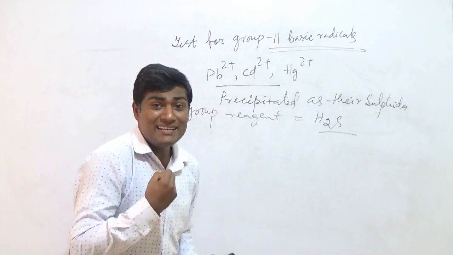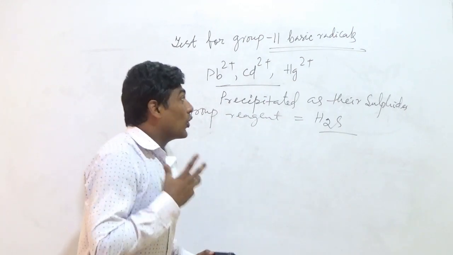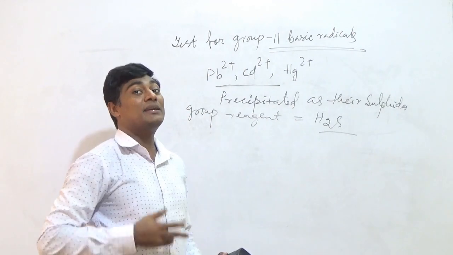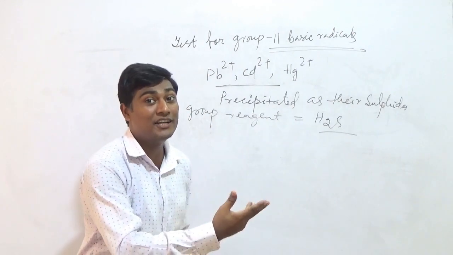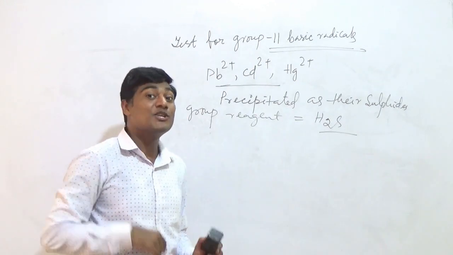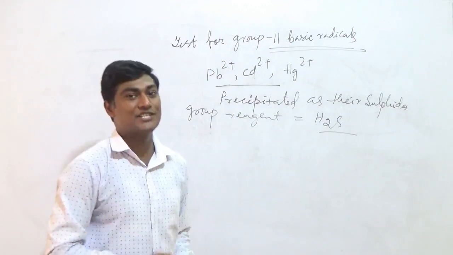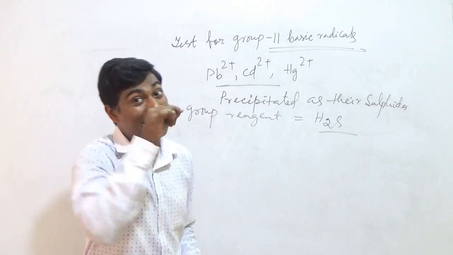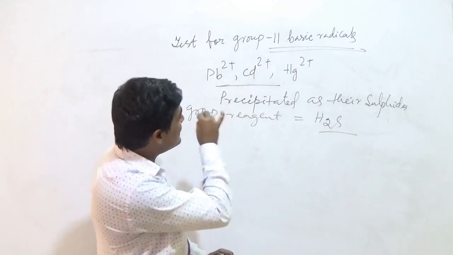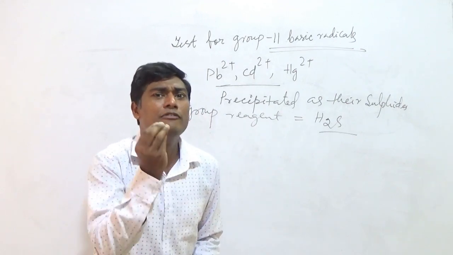But the main thing to notice is that only these cations will be precipitated as sulfides, not other ions. The sulfides of these basic radicals have very low solubility products.